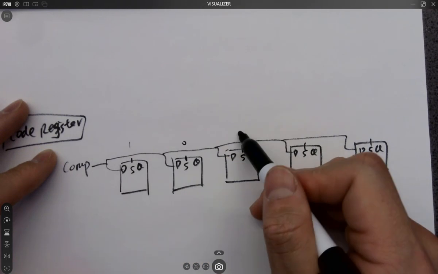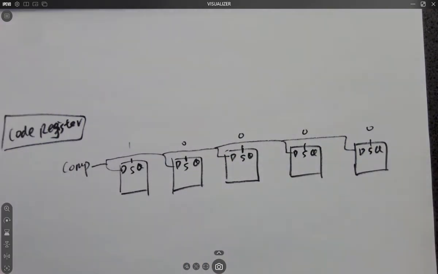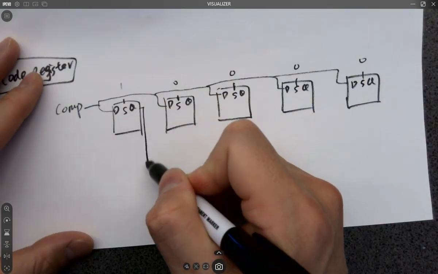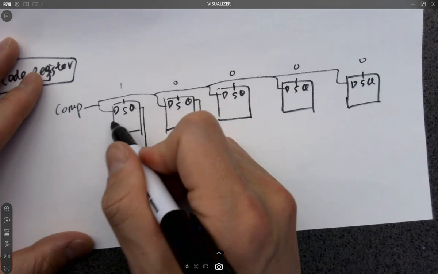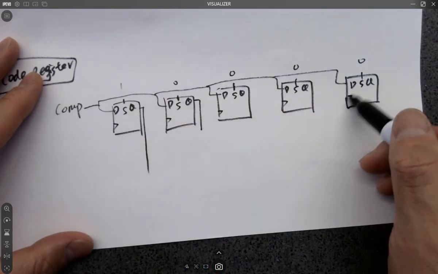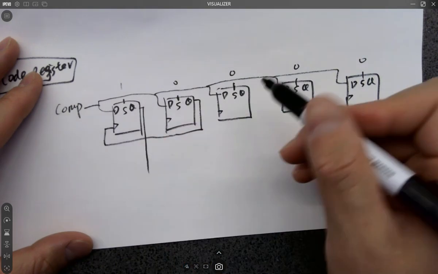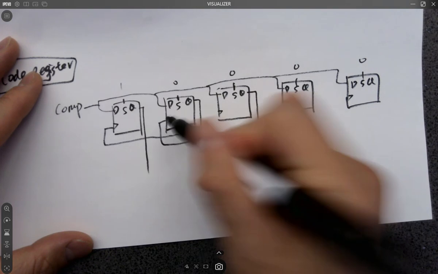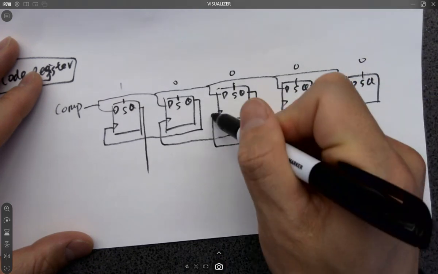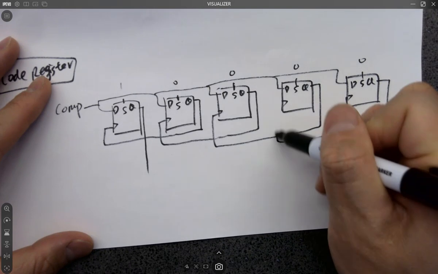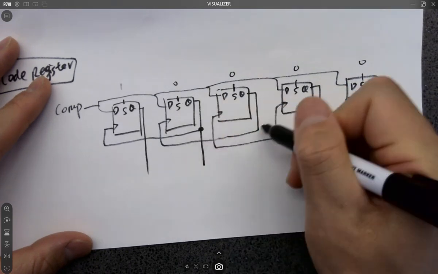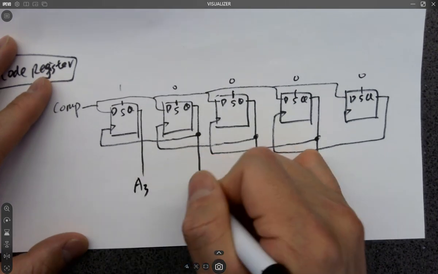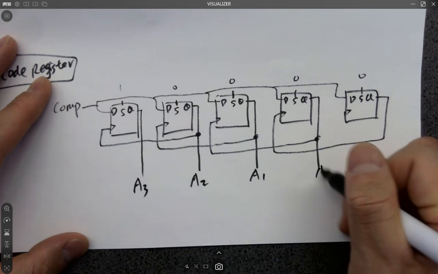And first, it gives a 1 and 0s. So these are the outputs: A3, A2, A1, A0.